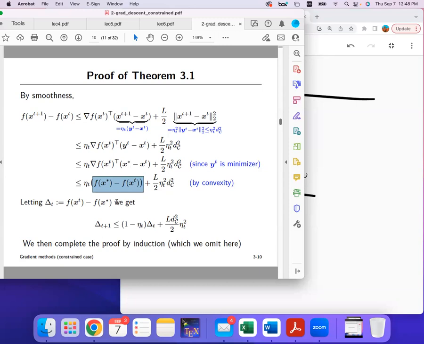And this is the function value term that we want to check, right? Something about your current function value and your minimum function value. Okay. Then the next step is the key recursion that we need. Then we just define delta t to be the function value gap at t, right?